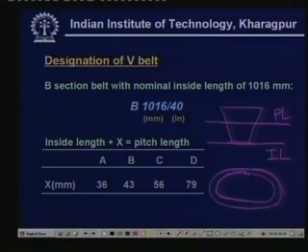Now, while drawing this figure, one important thing came to my mind: these V belts do not have any joints. These are continuous belts, manufactured without joints.